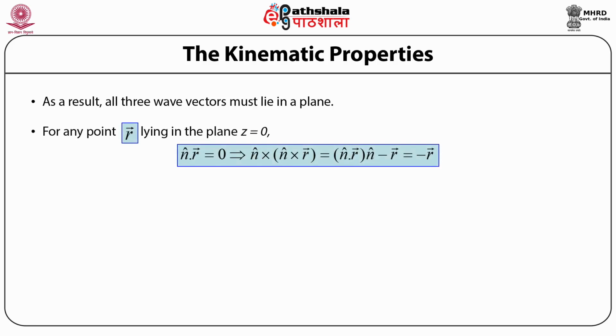Now for any point having position vector r lying in the plane z equal to 0, the unit vector n cap dot r is equal to 0.